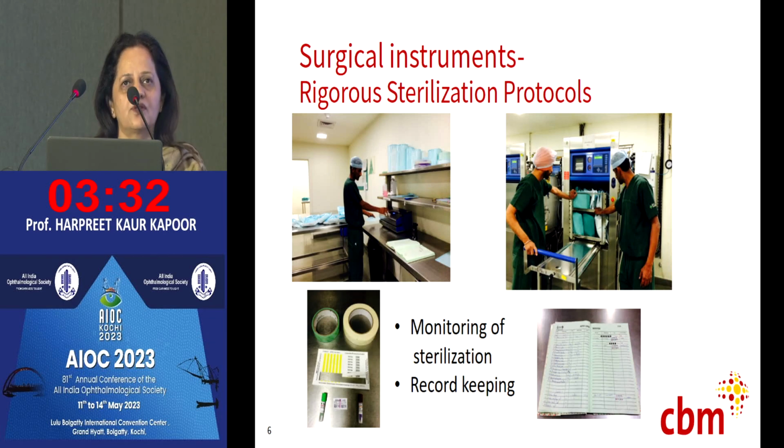So have so many that you don't have to use instrument sets by just dipping in some solution or something like that. Besides the autoclaving process or the sterilization process, it is also mandatory to monitor the sterilization with chemical and biological indicators, and record keeping is utmost.